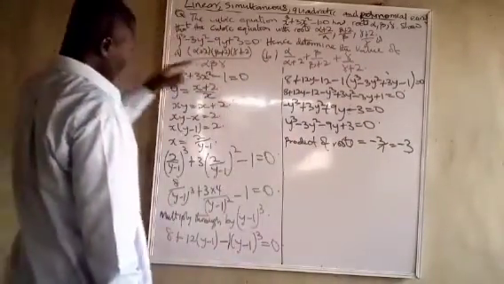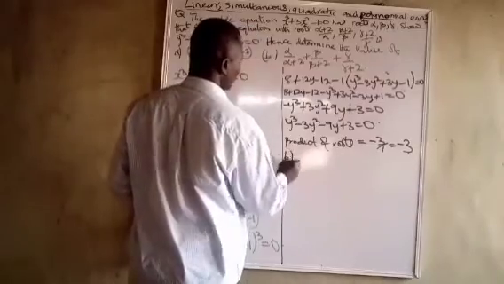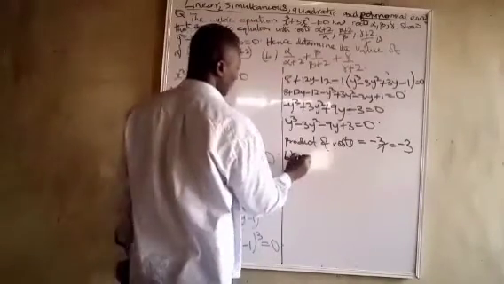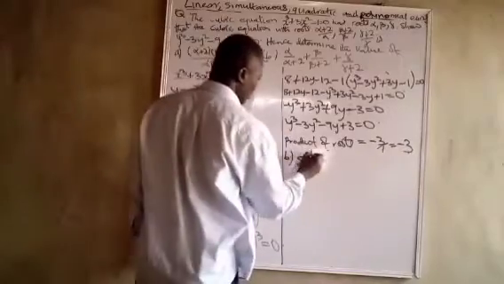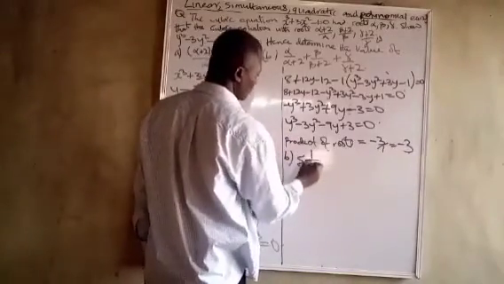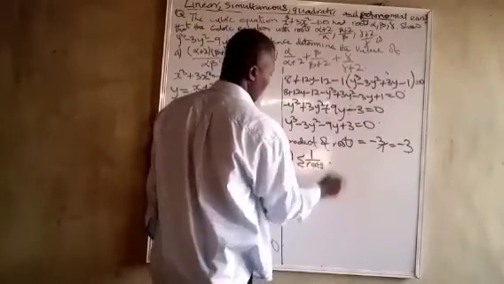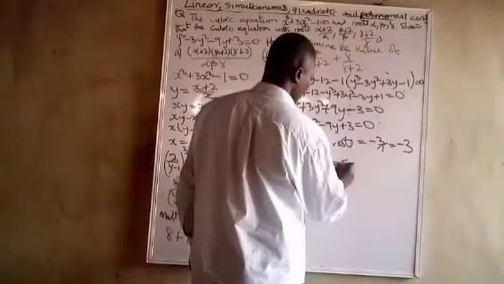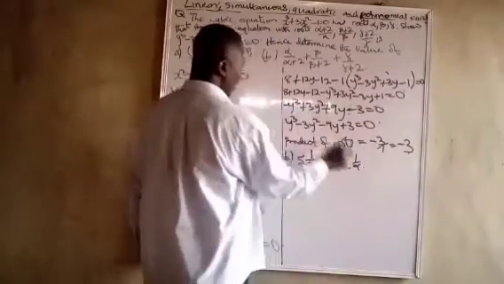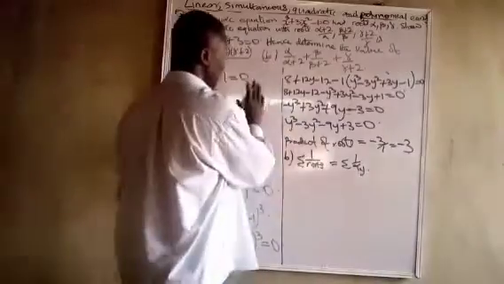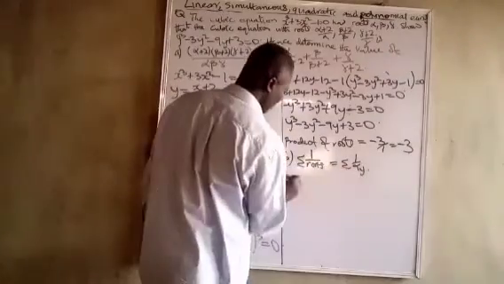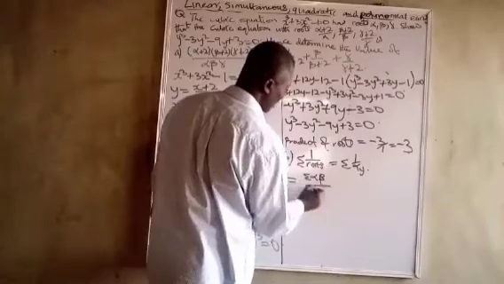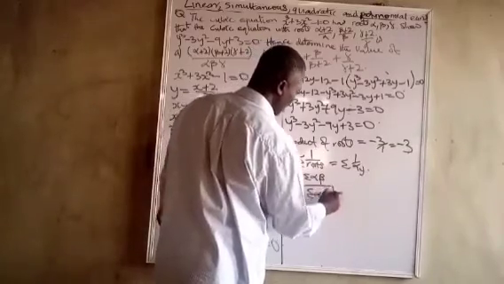We are also asked to find alpha over alpha plus 2 plus beta over beta plus 2 plus gamma over gamma plus 2. That is, we have been asked to find the inverse of the roots. So the sum of the inverse of the roots. And how do we get that? For this y, I just don't want us to have that confusion. So this one is now going to be summation alpha beta over summation alpha beta gamma.